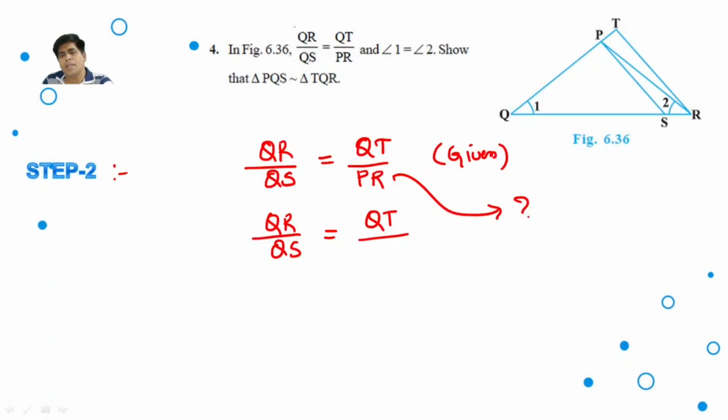So instead of PR, I am writing PQ. We can also write QP; both are the same. So the ratio has changed from QR by QS is equal to QT by PR to QR by QS is equal to QT by QP. This is a very, very important step.